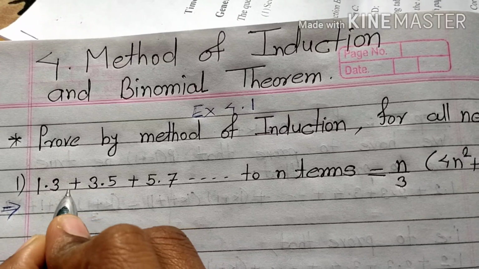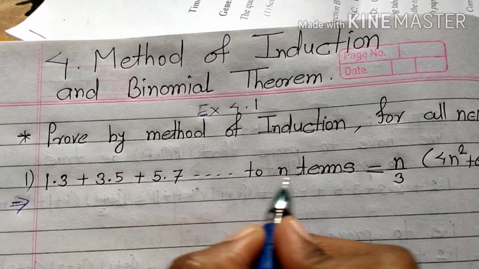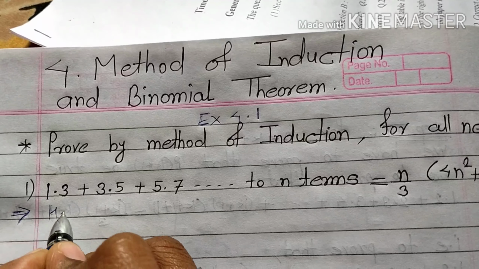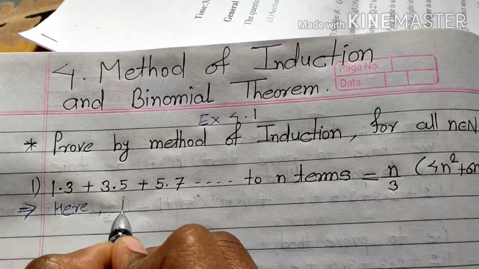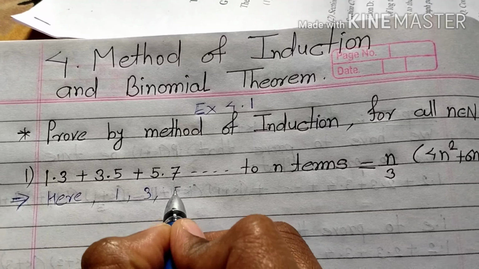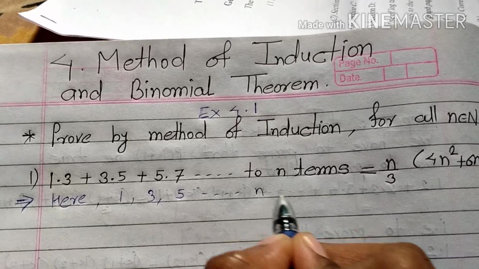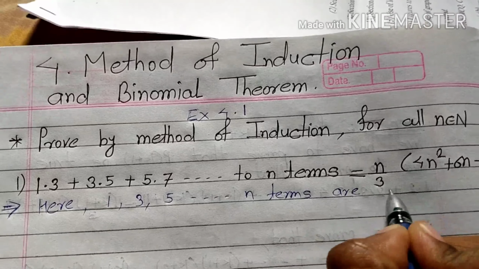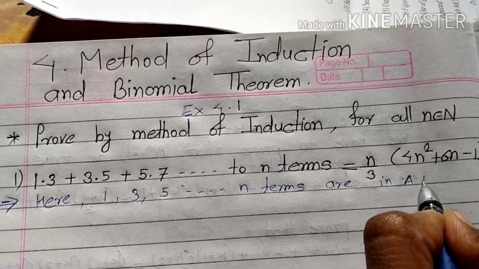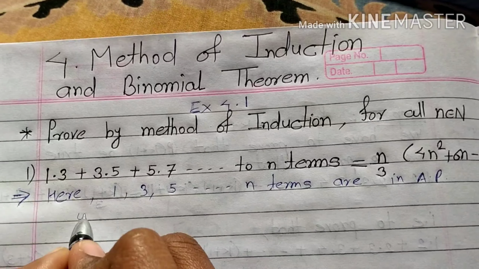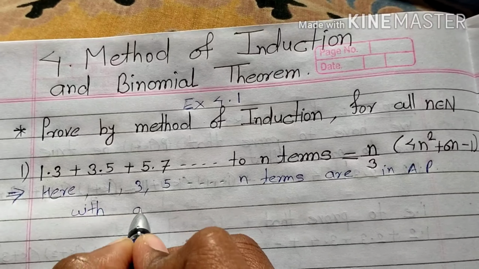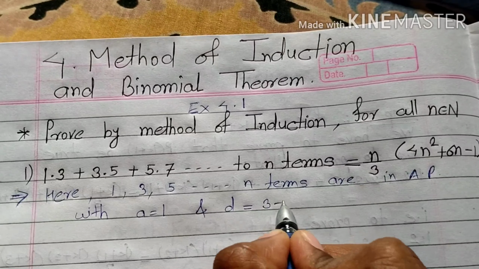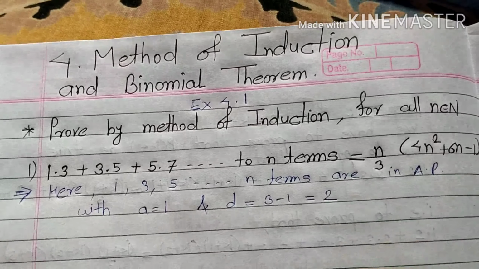Here we have 1.3, 3.5, 5.7 up to n terms. So here 1, 3, 5 up to n terms are in AP. AP means arithmetic progression, with a equal to 1 and d equal to 3 minus 1, that is 2.